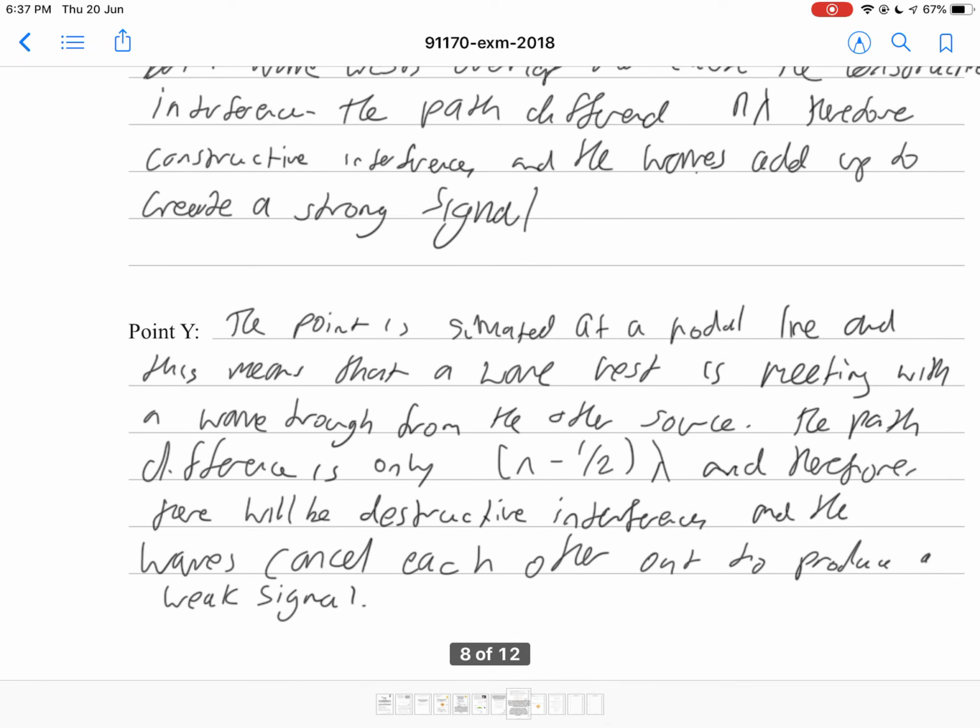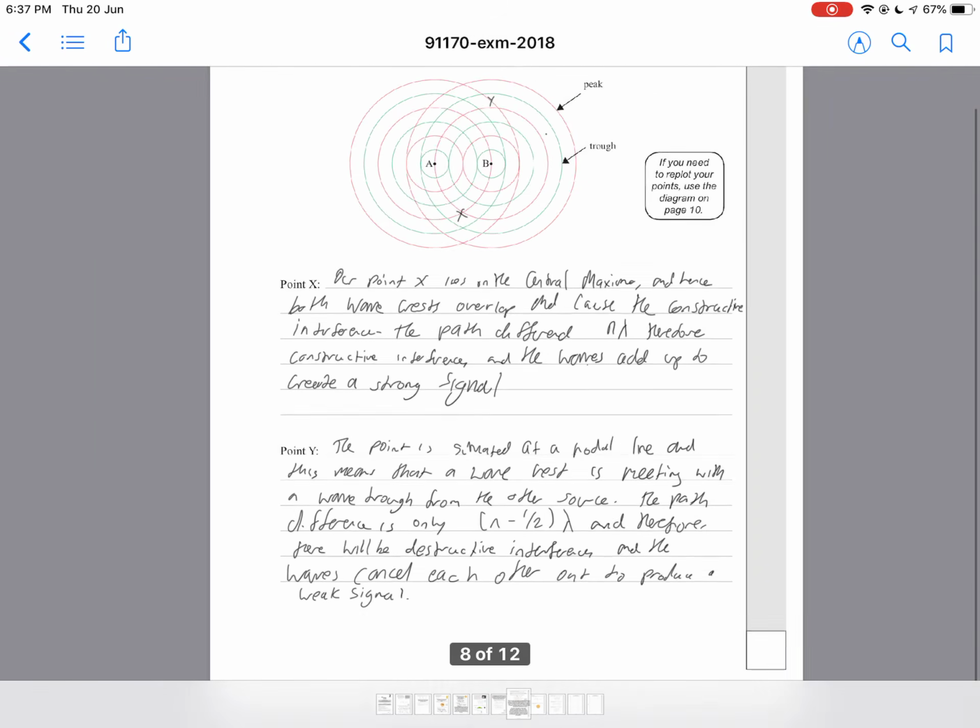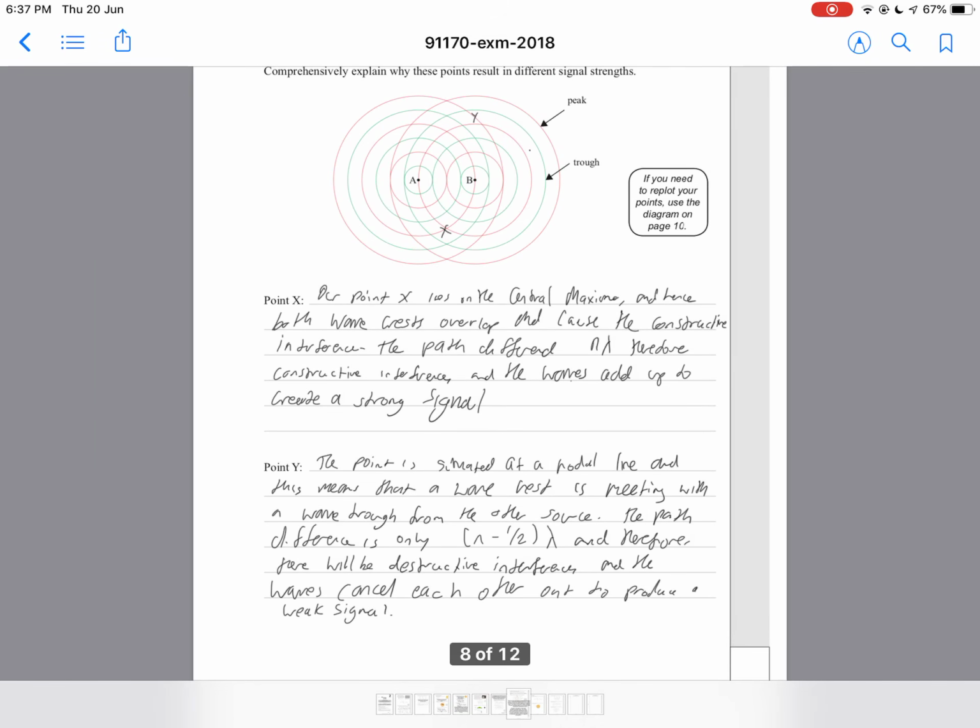And that will be your final answer here. So to get excellence, you need to describe that the point X is situated on the central maxima, and that's when both wave crests overlap. You're going to explain what the path difference is, and because of this path difference, what type of interference it will be.